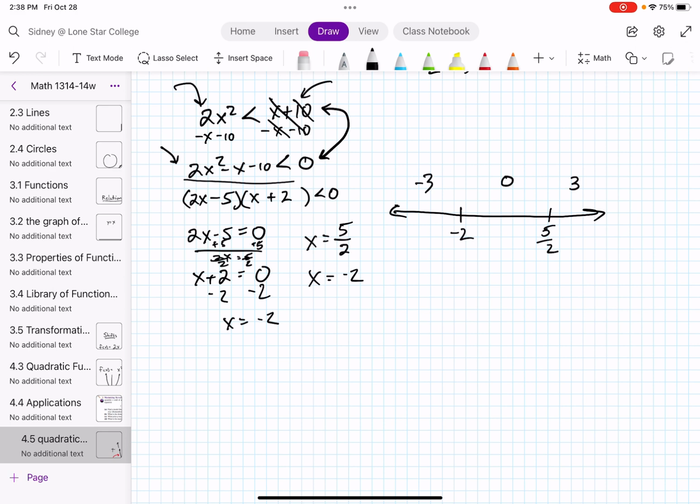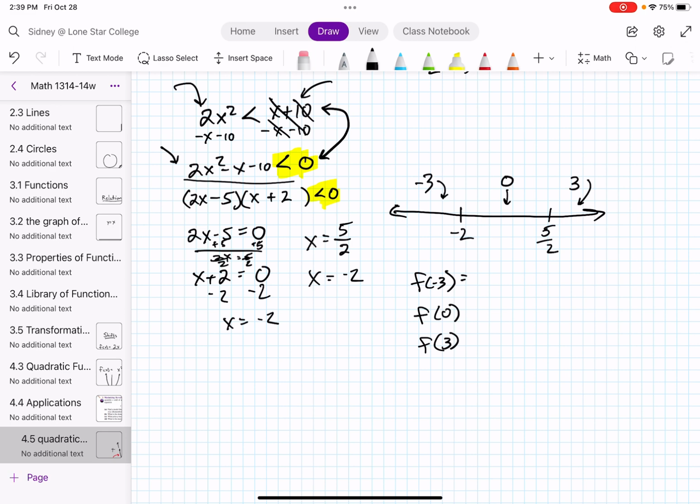I'm going to test these three values to see where this is less than 0. So we're looking for one that has a negative outcome when I check these test points. I'm going to find f of negative 3, f of 0, and f of positive 3. The numbers you pick are arbitrary so long as they fall in the particular region that you're testing.